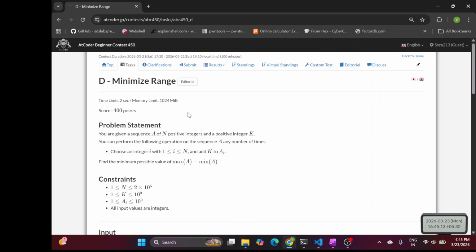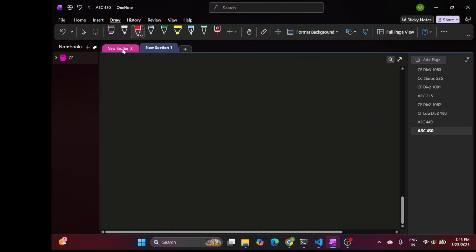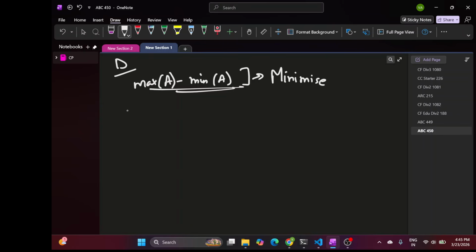And we need to find the minimum possible value of max of A minus min of A. So we need to minimize this. And what is our operation? We can change A_i to A_i plus K, right?